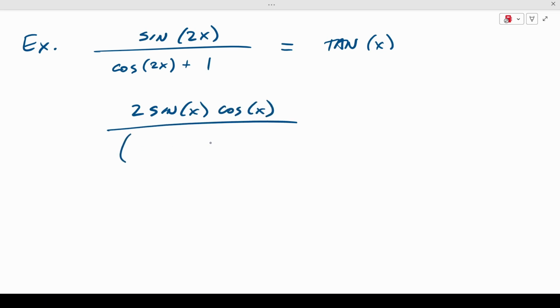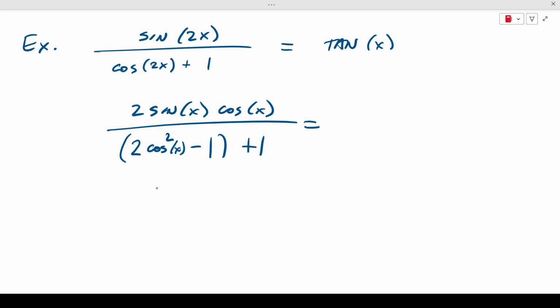Now, I'm going to rewrite cosine of 2x as something. And ideally, it's going to be the something that subtracts off 1. Because if I can subtract off 1, then that's going to cancel with this one here. So I'm going to use the 2 cosine x squared minus 1 form of the identity for cosine 2x.